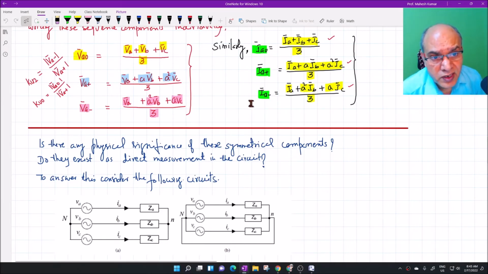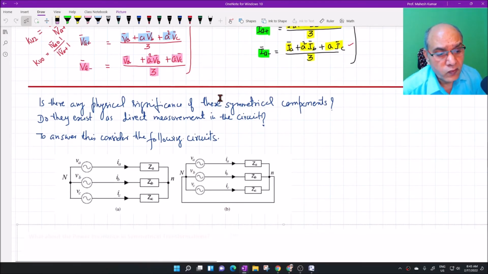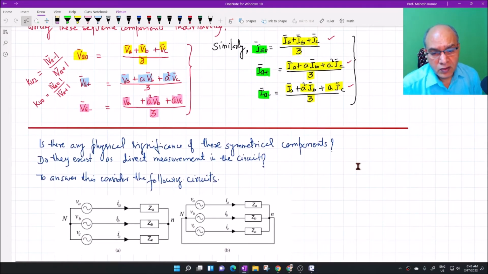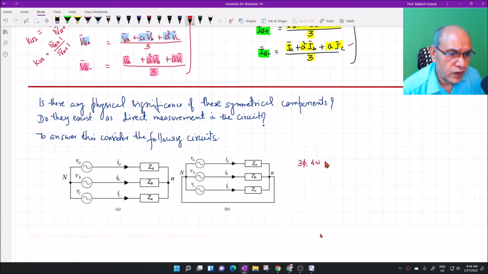Zero sequence component has very special meaning in power system, particularly zero sequence current. Why is it so? We can understand from this network. These are the possible configurations of three-phase system. This system is called three-phase four-wire configuration.